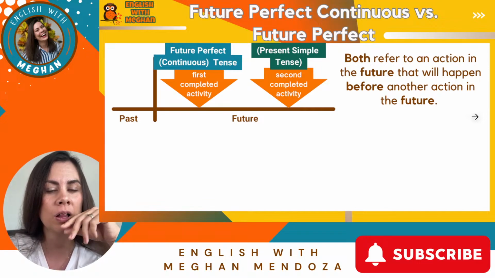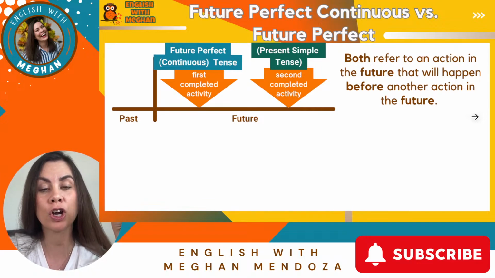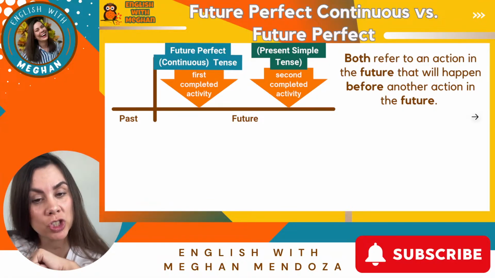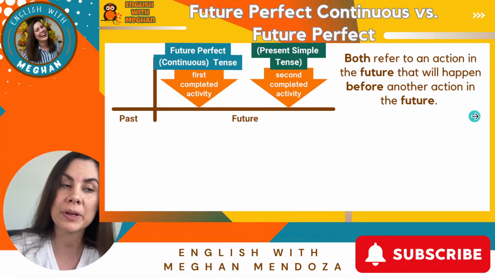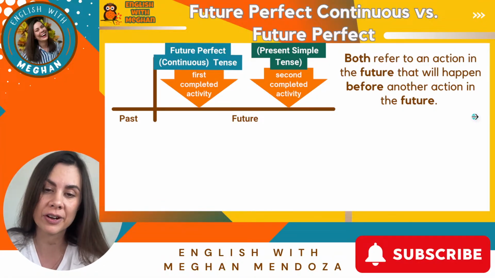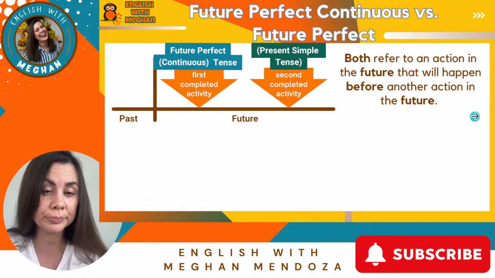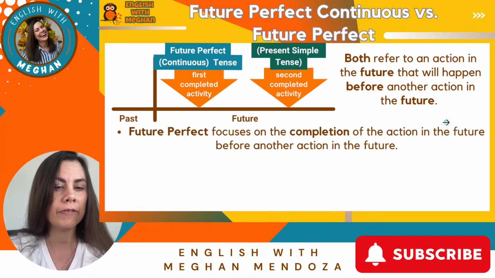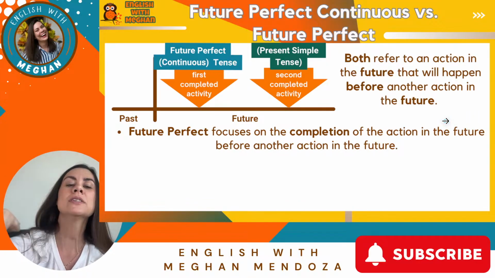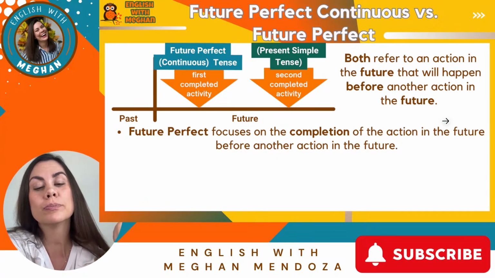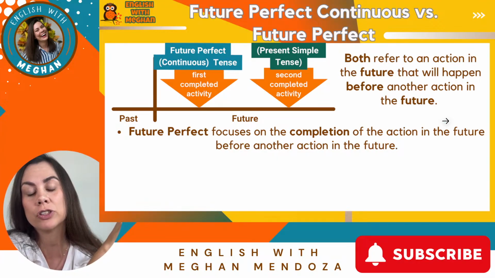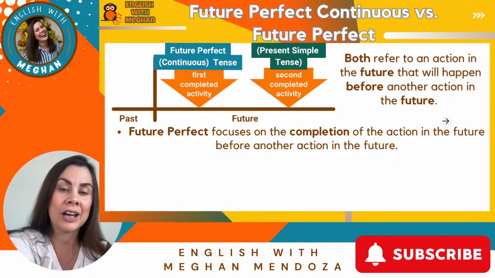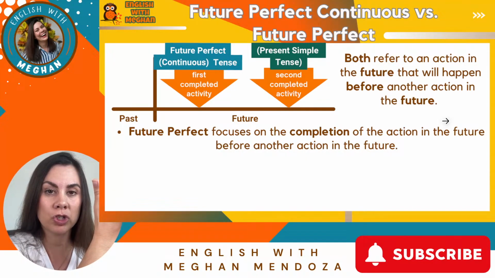Both refer to an action in the future that will happen before another action in the future. Future perfect focuses on completion, the completion of the action in the future before another action in the future.